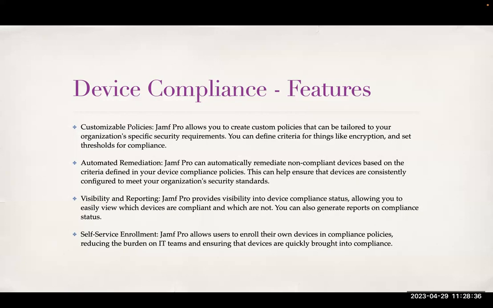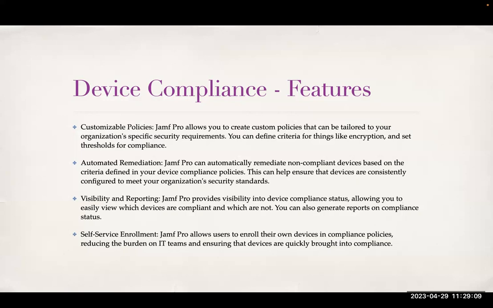The compliance smart group is a group where we will keep the criteria. Imagine I am saying for my organization, a compliant device means the device is encrypted. So I will create a smart group saying that, okay, device compliant, and the criteria would be FileVault enabled is encrypted. And the devices which are part of this smart group are actually compliant devices, because this is my security requirement.